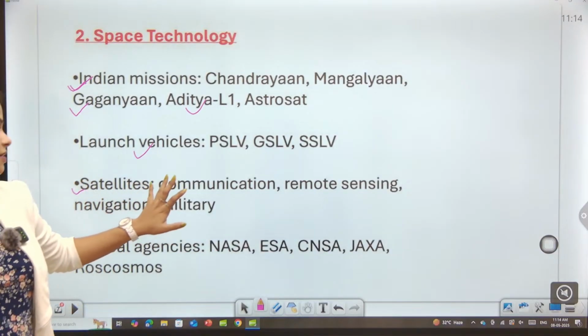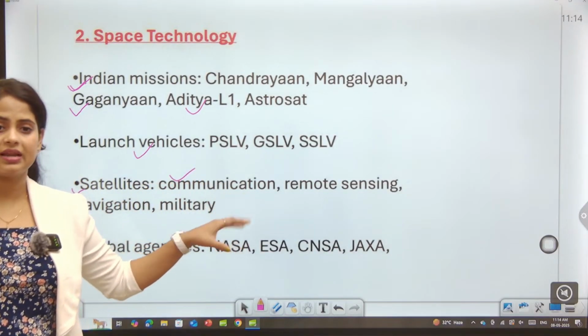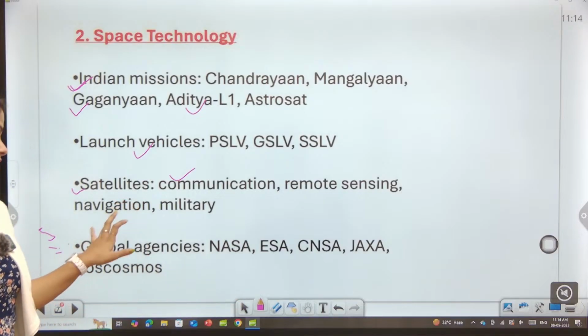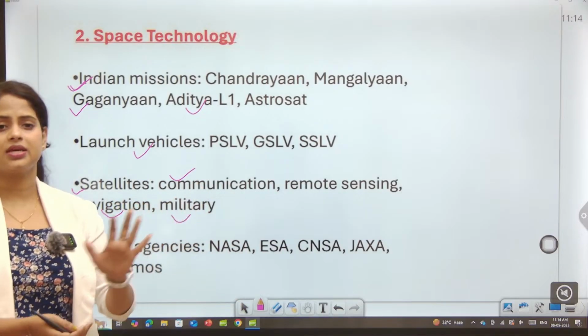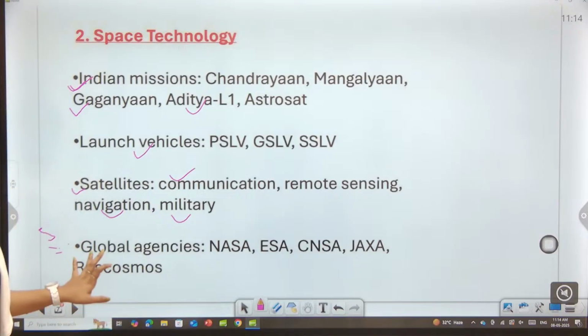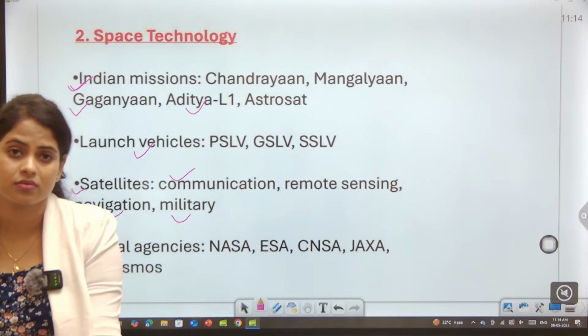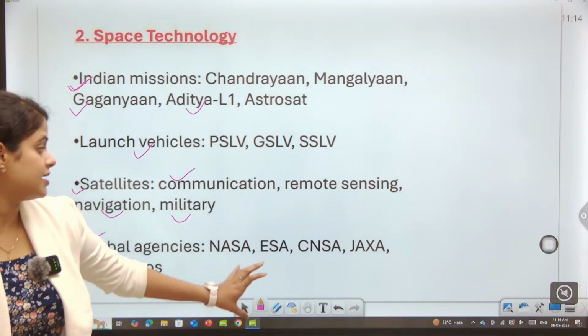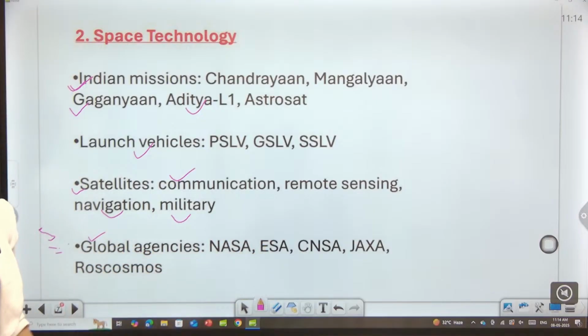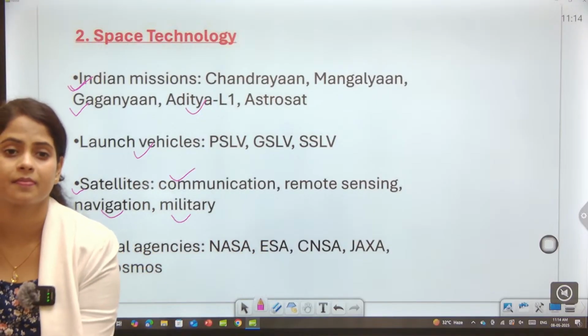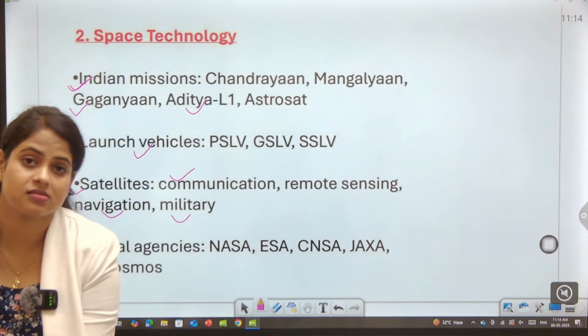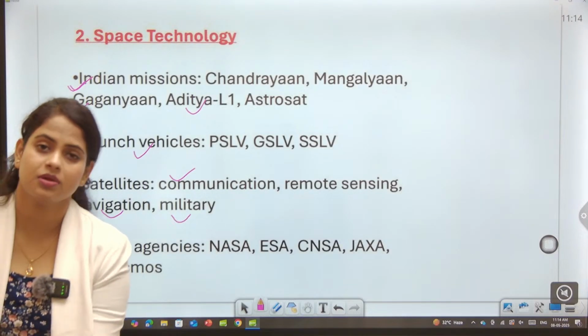Satellites are of types: communication satellites, remote sensing satellites, navigation satellites, and military satellites. And again, guys, the global agencies like NASA and ISRO, our Indian agency, and the ESA, the CNSA, the JAXA, and Roscosmos, and SpaceX of Elon Musk are also examples.